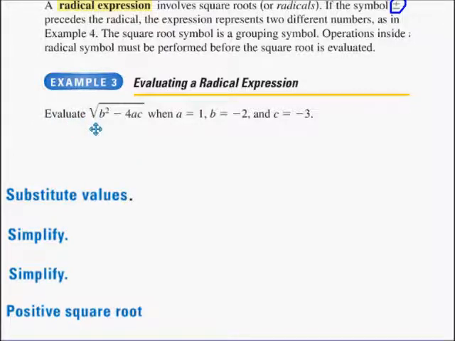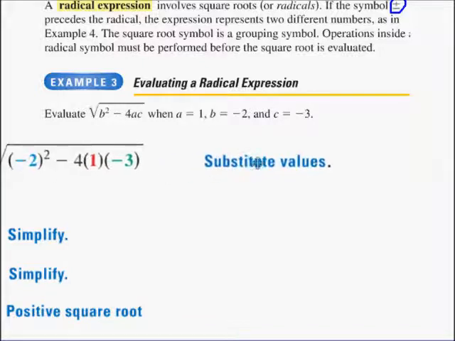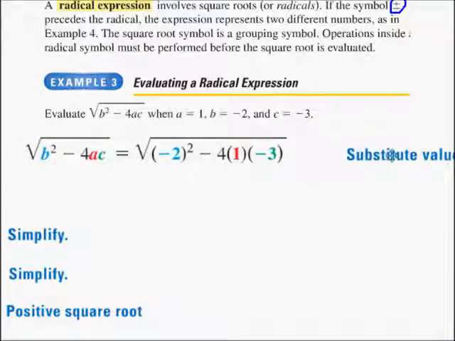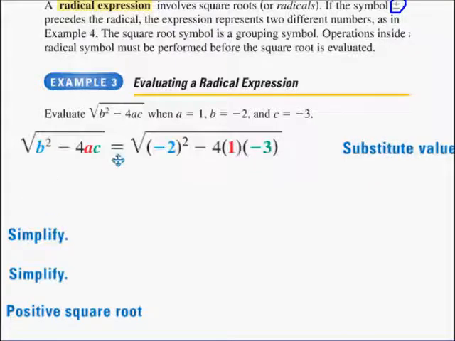Evaluate the square root of b squared minus 4ac. The first thing we're going to do is substitute the values in. So a is going to be 1, b is going to be negative 2, and c is going to be negative 3. When I substitute those in, I get my new equation, which is negative 2 squared minus 4 times 1 times negative 3.